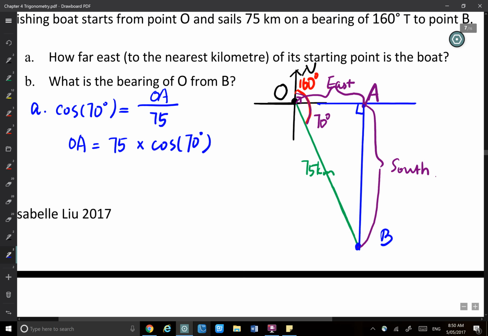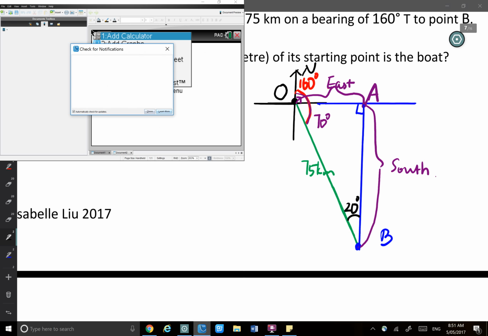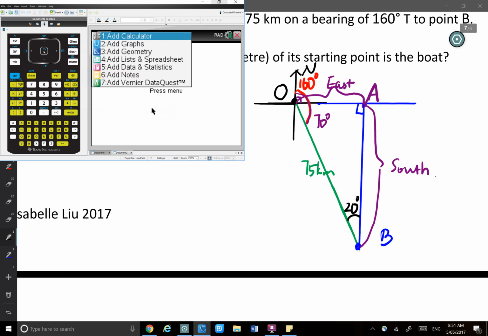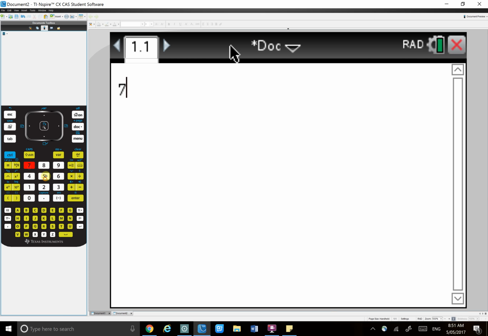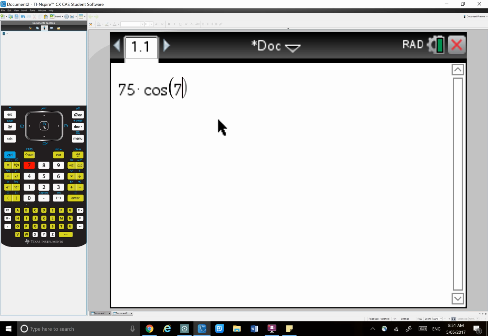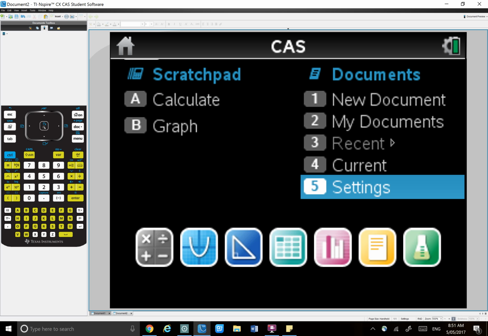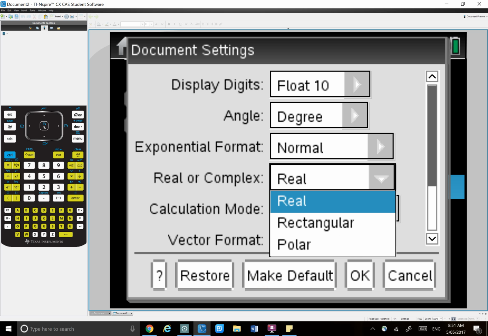If that is 70, here must be 20, correct? Here must be 20 because it's a right angle triangle. 70, 20, 90 gives you 180. So I'll put that angle here while I'm waiting for my calculator. So I'll have 75 times cosine 70. Wait, it's not in degrees. I'll make it default.